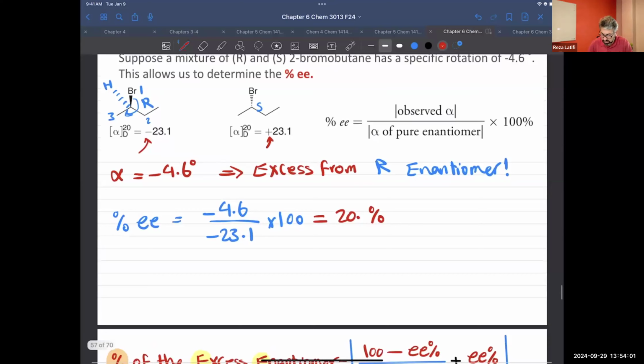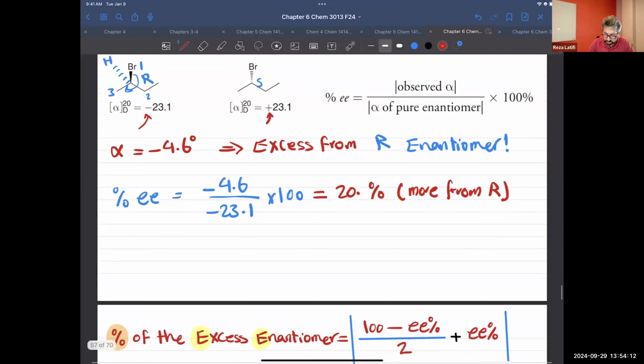So now that the enantiomeric excess is equal to 20%, that means we have 20% more from R. The solution is supposed to be 100%, so 100% minus the enantiomeric excess 20 gives us 80%. 80% is non-active. Why is it not active?